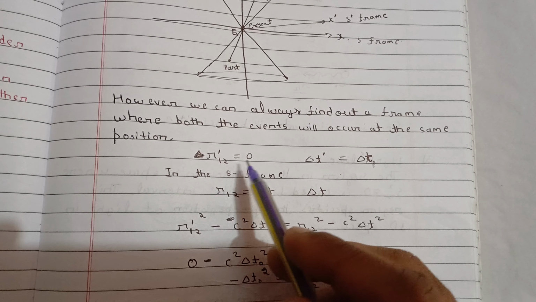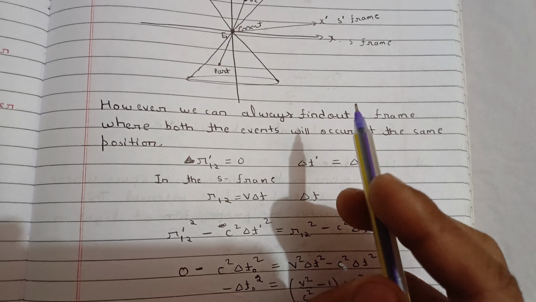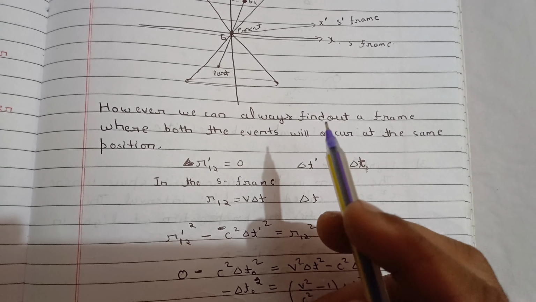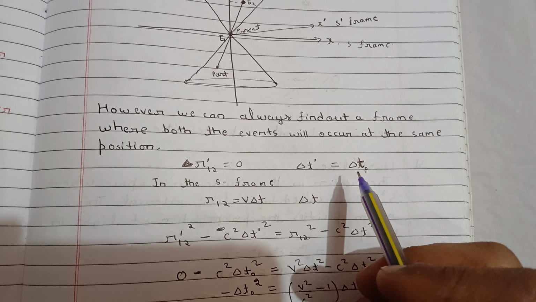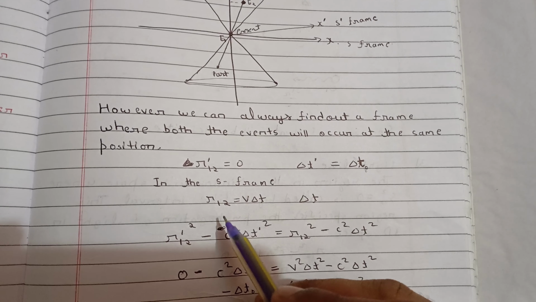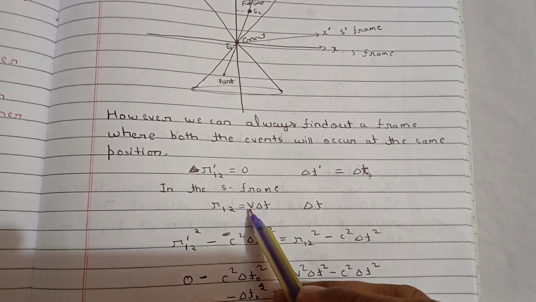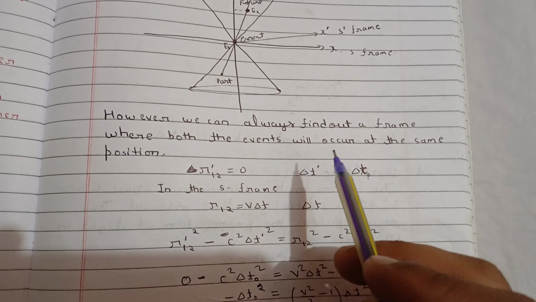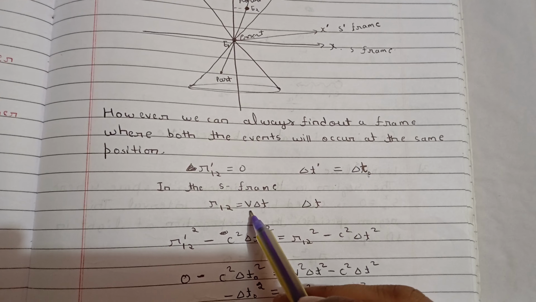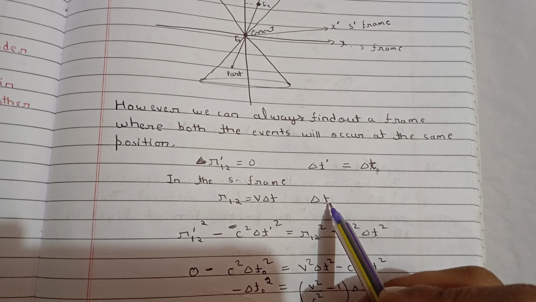So r12 prime will be 0, and the time in that frame, because the clock is attached to that frame, will be the real or original proper time, that is delta t naught. Now in the rest frame we see the displacement will be v delta t, where v is the speed at which that frame is moving, and that distance gives us the r12 coordinate, and the observed time in the S frame will be delta t.